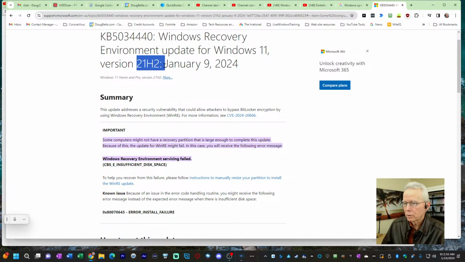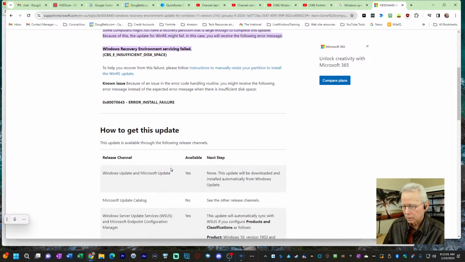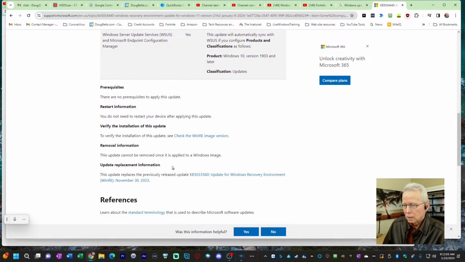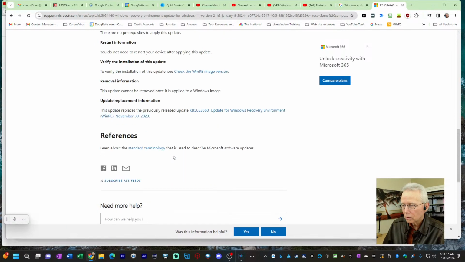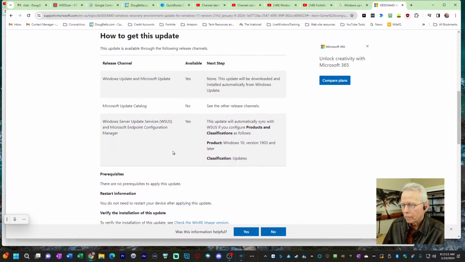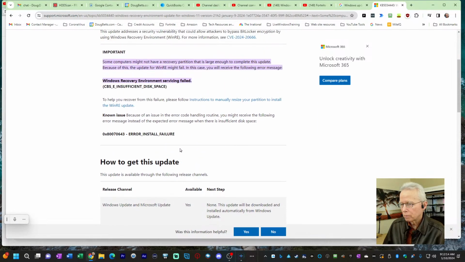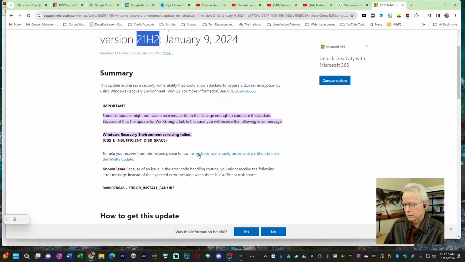So that would imply that is not going to affect me. Insufficient disk space. Do they tell us what to do? Prerequisites, removal, information, no. Yeah, I was wondering if they would tell us to increase the size of that partition. Instructions to manually resize your partition to install the update. So yes, they are.